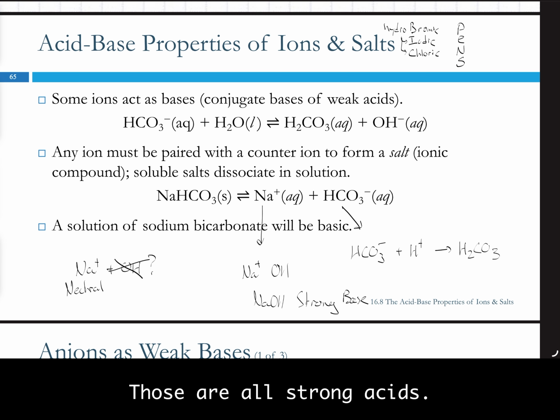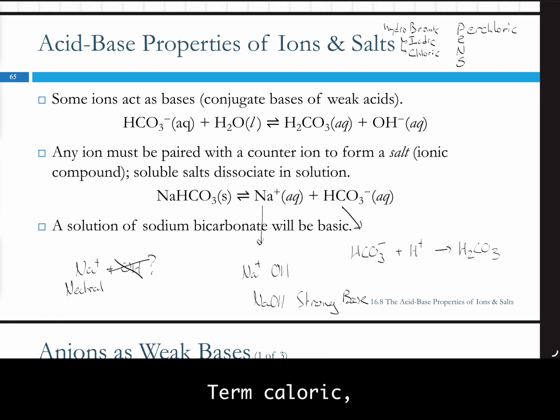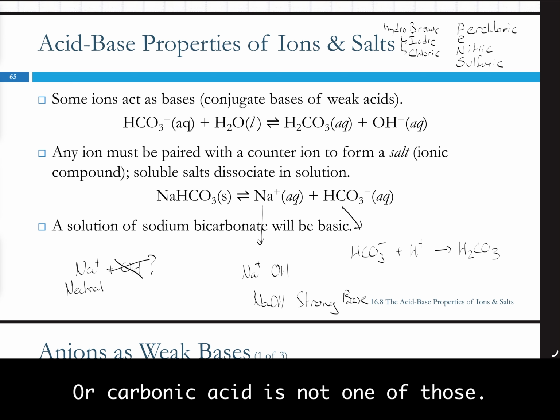Those are all strong acids. This one, the E comes from perchloric. Perchloric, nitric, and sulfuric acids are also strong acids. So carbonic acid is not one of those.